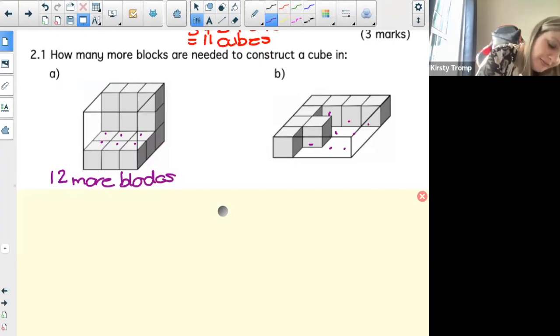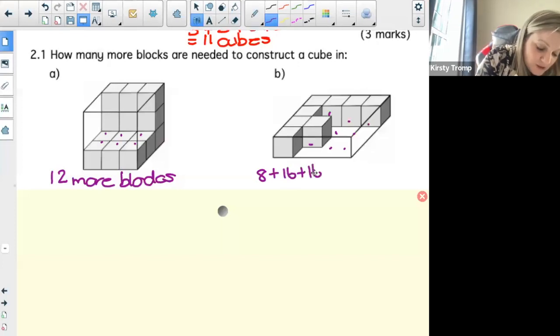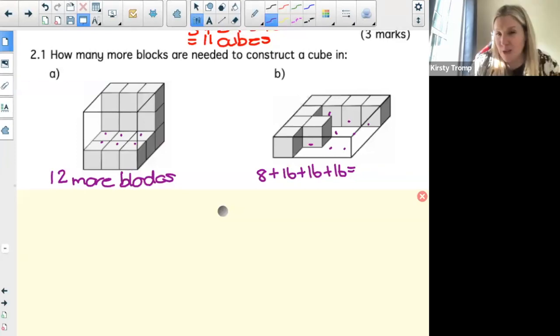Okay, so that means I'm going to have my 8 plus how many small cubes are in each level? They are 16. So 16, 1 plus 2 plus 3. How many do we get altogether? What do you get?